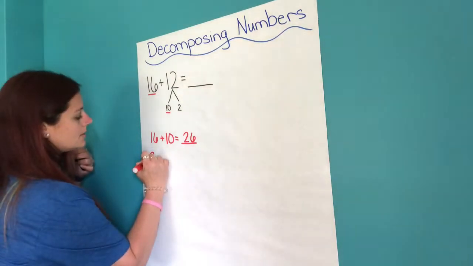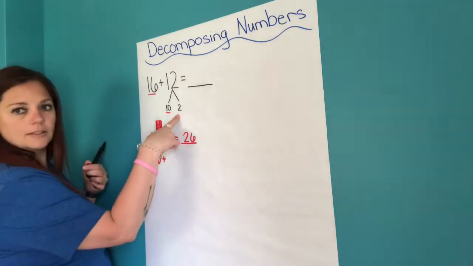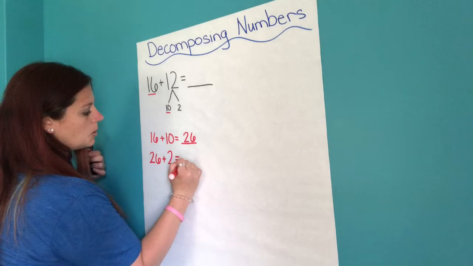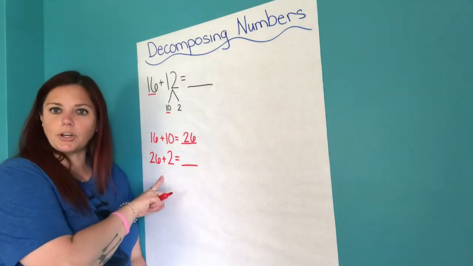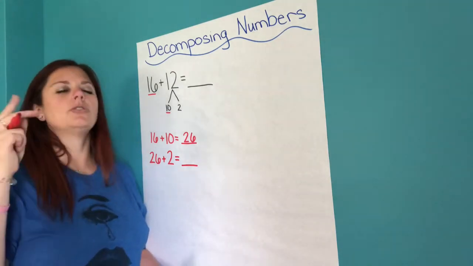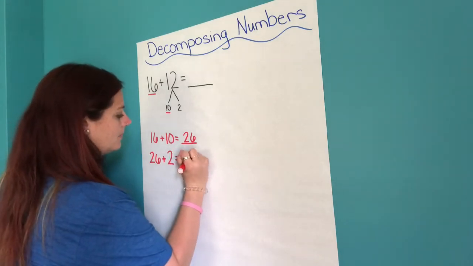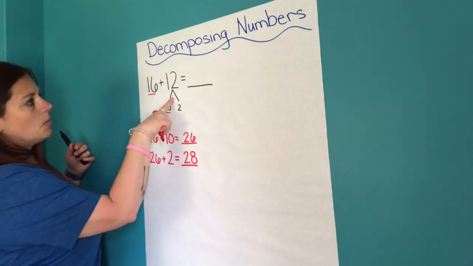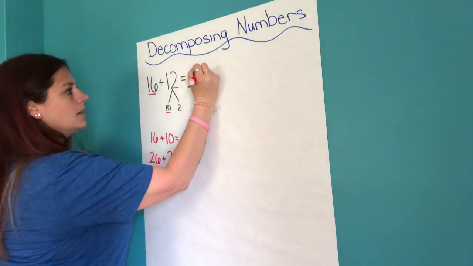So 26 plus, what did we say? 2 equals blank. So 26, put 26 in your head, and let's count up: 26, 27, 28. So we should know that 16 plus 12 equals 28.